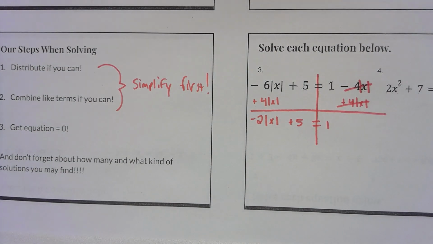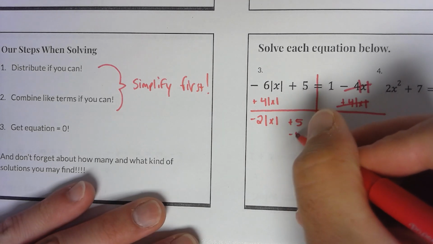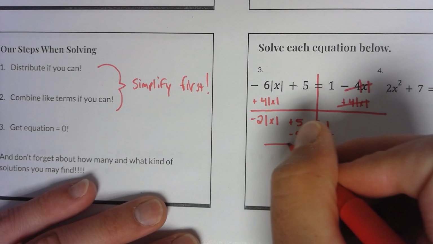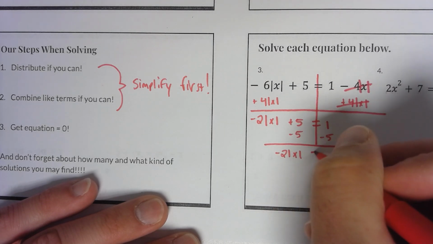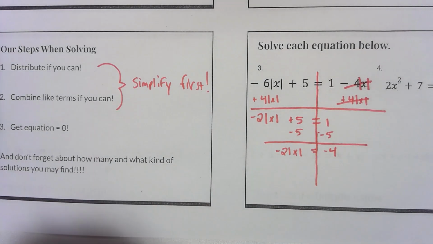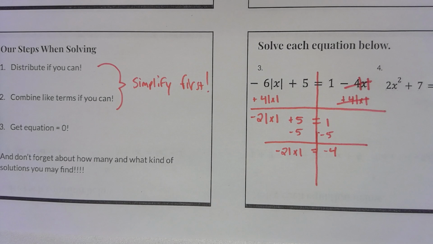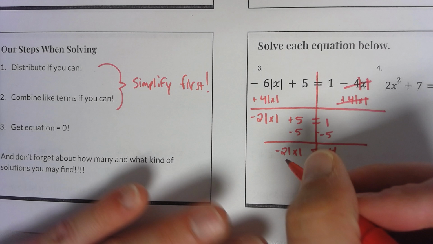And now this equation is the exact same as what we've already been solving. So I can subtract 5, where I get negative 2 absolute value of x equals negative 4. I want to get the absolute value of x all by itself, so I'm next going to divide by negative 2.